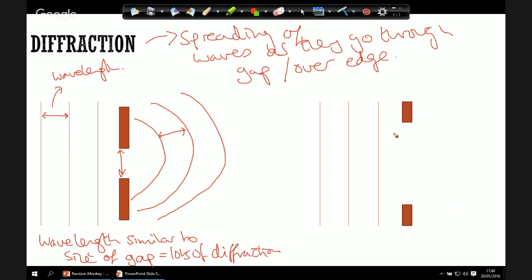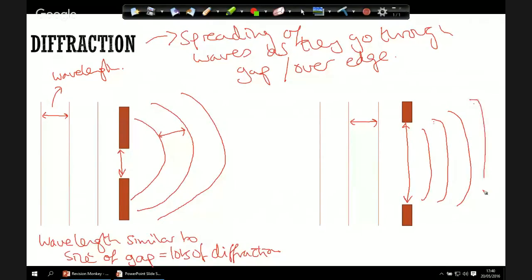On the other hand, if you have this scenario here where actually the wavelength is a lot shorter than the size of the gap, you're going to have very little diffraction, and you might just be getting some spreading out at the edges as it goes through. Okay, so just bear those diagrams in mind, and this bit's really important and a common question when it comes to diffraction.